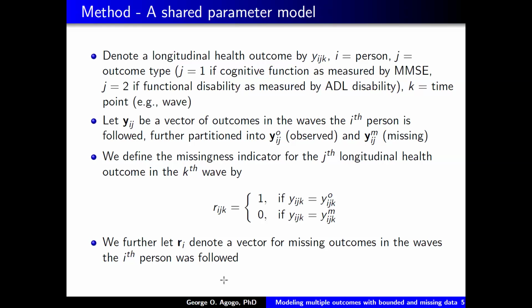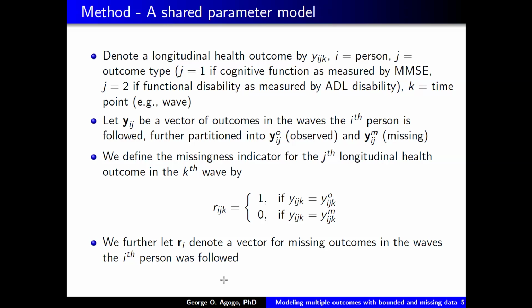So we have a series of measurements for a person, and we want to partition it into the measurements that were observed and the ones that were missed over the follow-up time. Another notation here is the missingness indicator. It is a vector of zeros and ones.